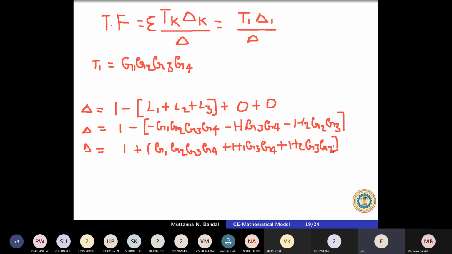You can adjust it. Fine, so this becomes the determinant. Now I have found T1 and delta. Now I have to find delta 1.